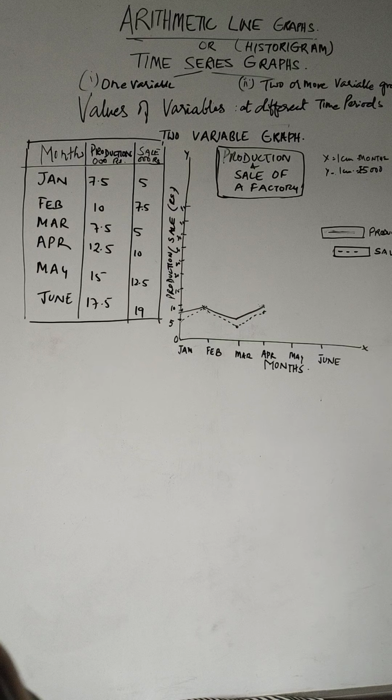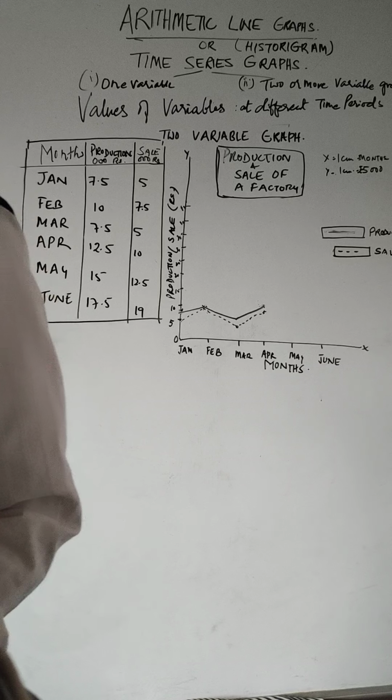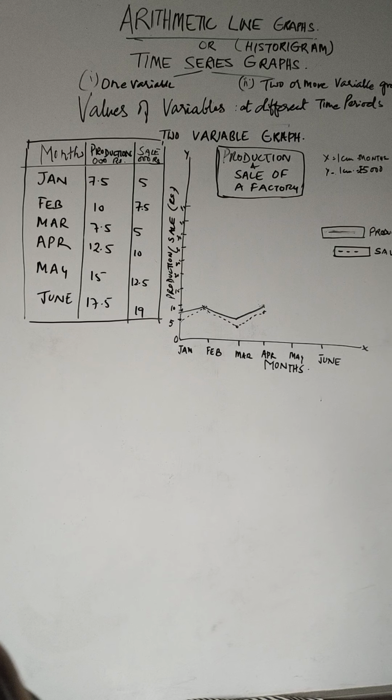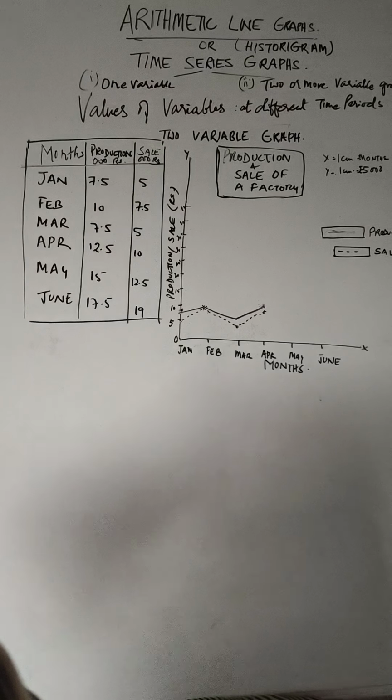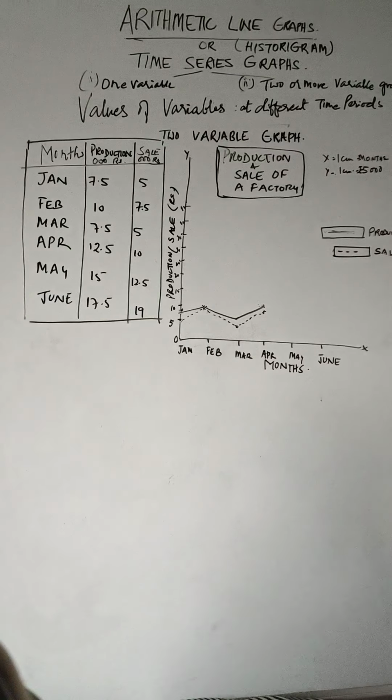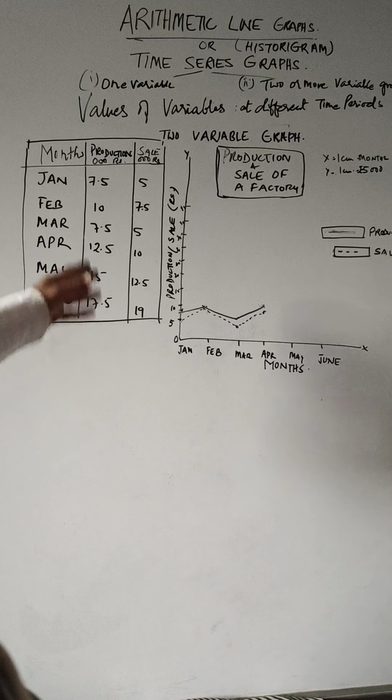They do tell us what the fluctuations are. It is also time consuming, because minor differences are very difficult to show on a graph. And mathematical calculations are much better to show exact values.